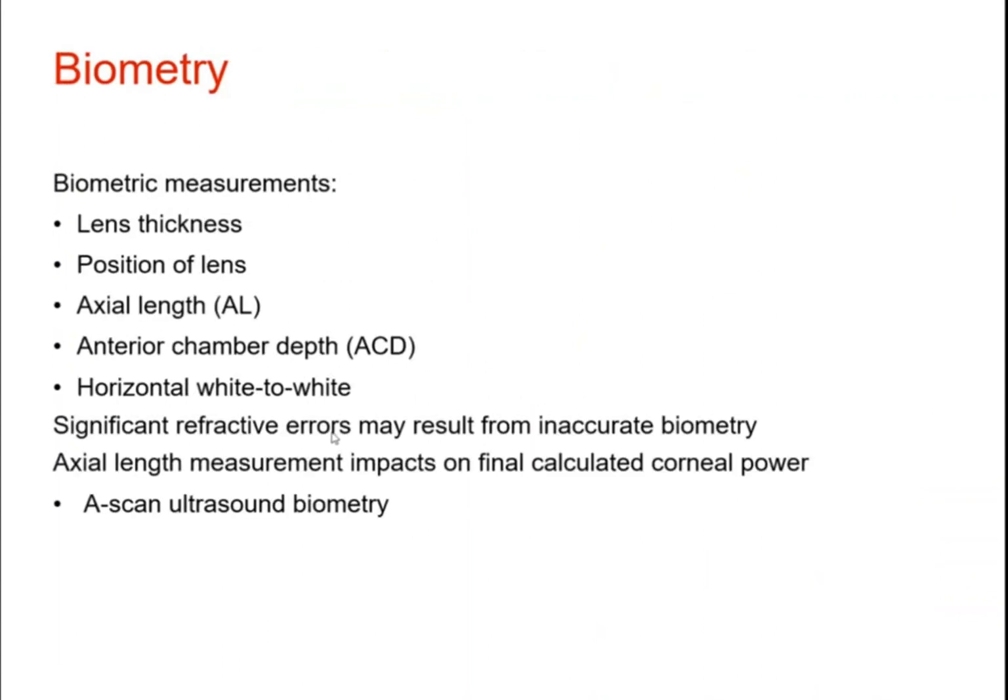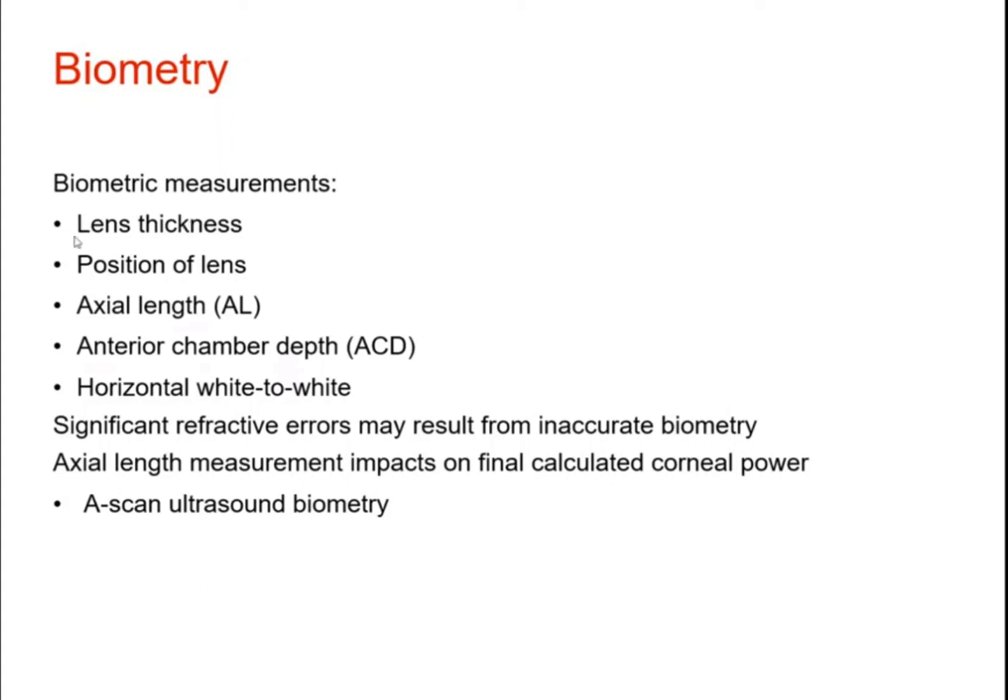Okay, so biometry is the measurement of the axial length of the eyeball. So mainly the axial length of the eyeball is what we are looking for, but biometry is actually measurement of length.